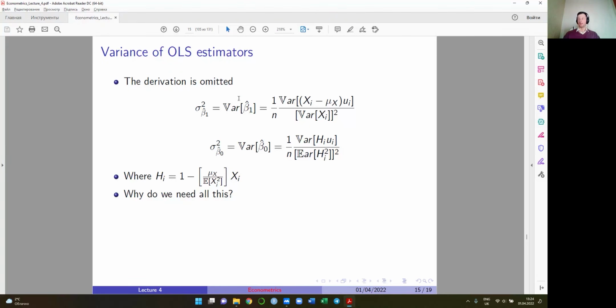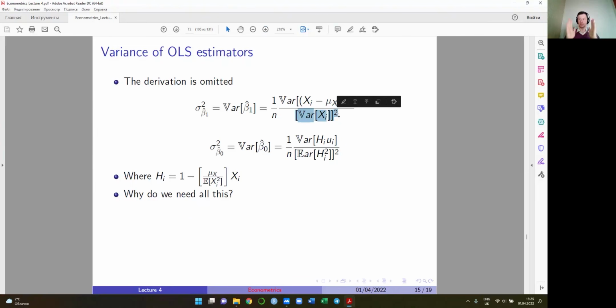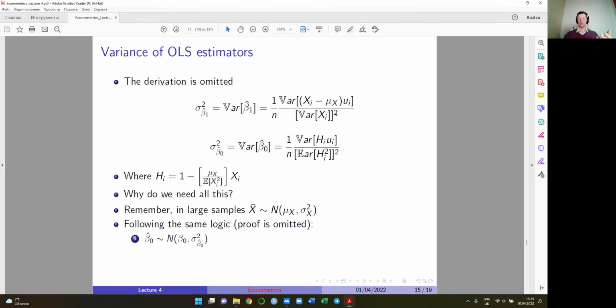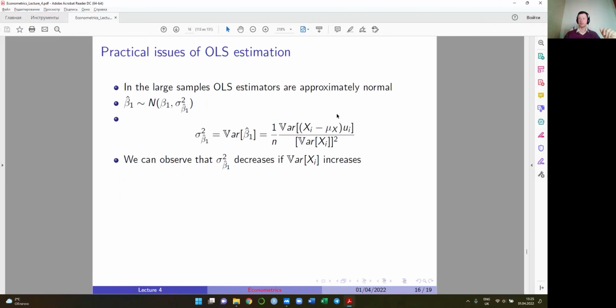Let's look at this variance of beta 1 hat. It depends on the variance of x in the denominator. If the variance of x is large, then the variance of beta 1 hat becomes smaller. Practically, it means the following. Let me continue this thought, and then we will go back to the previous slide.